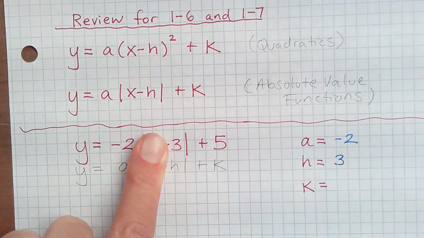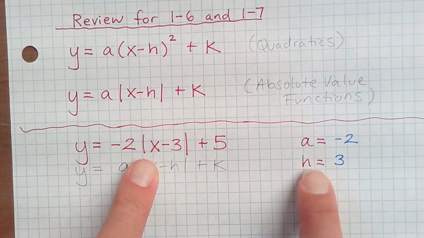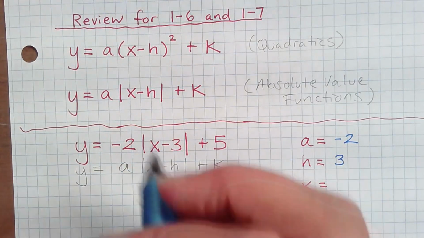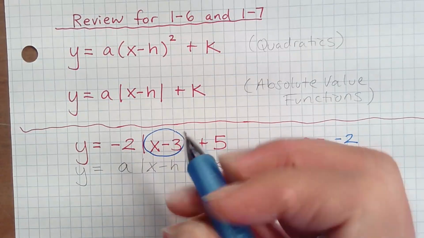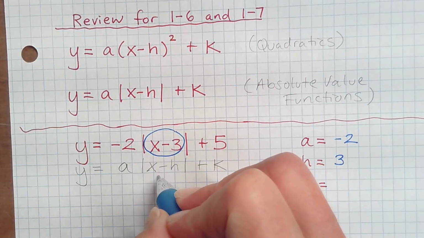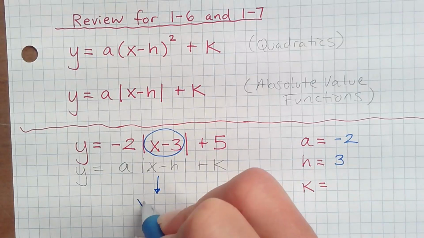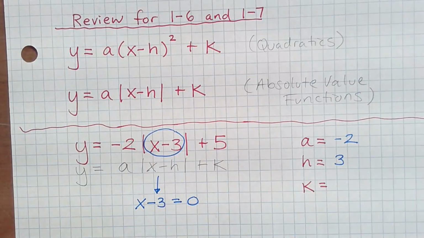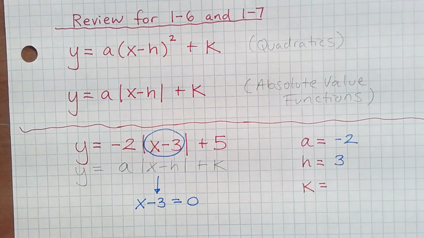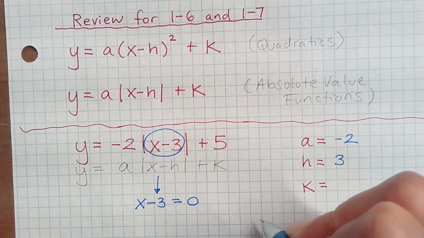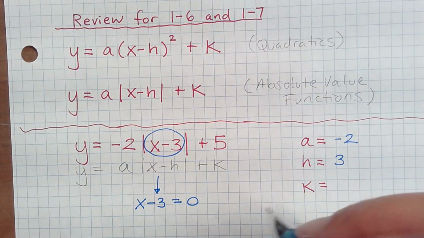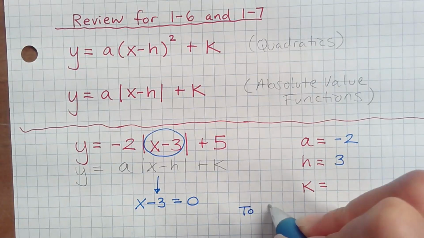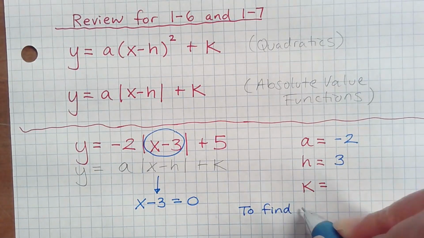But especially when we get more complicated problems, the formal way to determine the h is you're going to set what's inside the absolute value equal to 0. So I'll make a note about that. I'm going to put a note to find h.